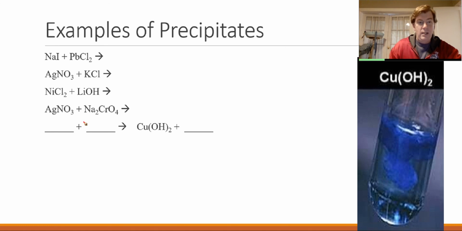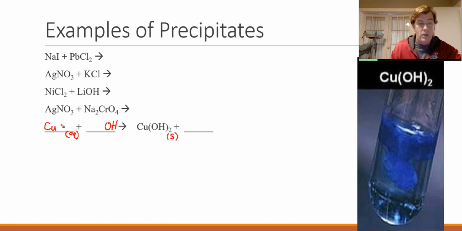So we think about this, and it's like, okay, well, I need to have copper something, and I need to have something hydroxide. So combining these two through our double displacement will make the copper 2 hydroxide, which is not soluble.